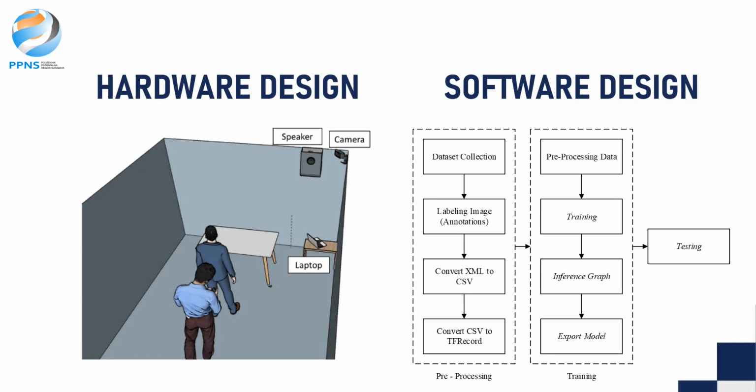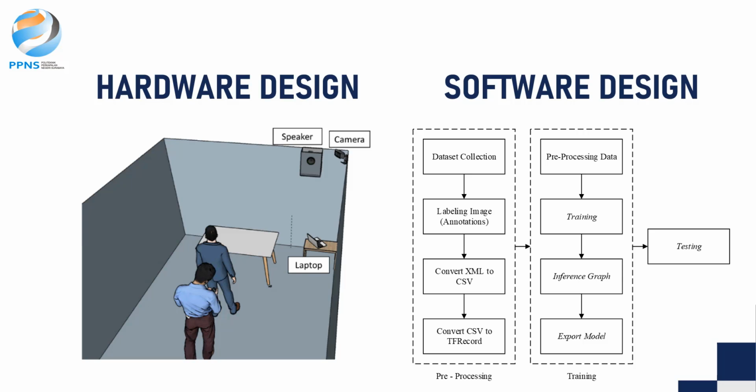For the hardware design, we put the camera at the corner of the room nearby the speaker. And for the software design, we have three steps. The first is pre-processing, the second is training, and the last is testing. For the pre-processing stage, there are four main activities.